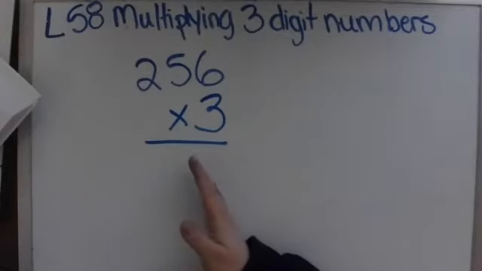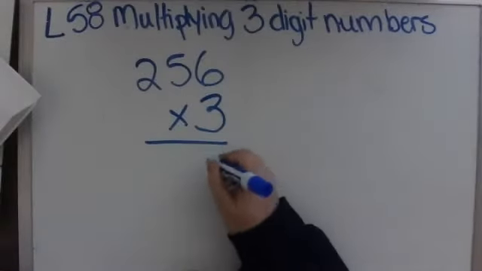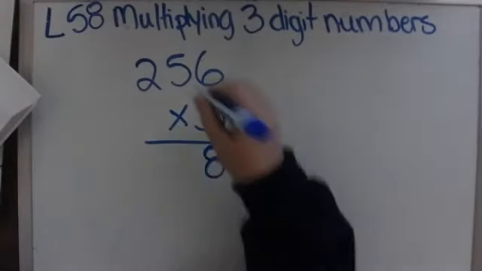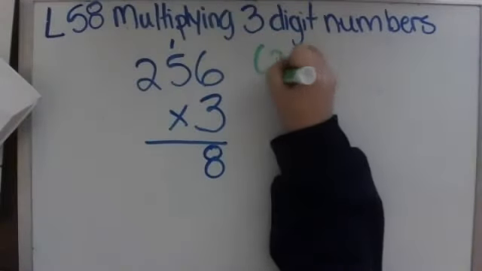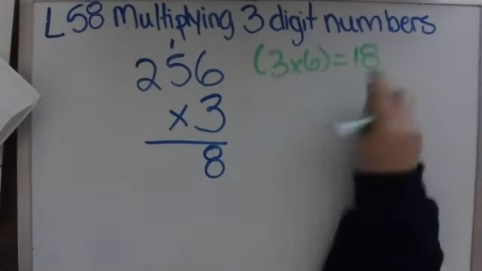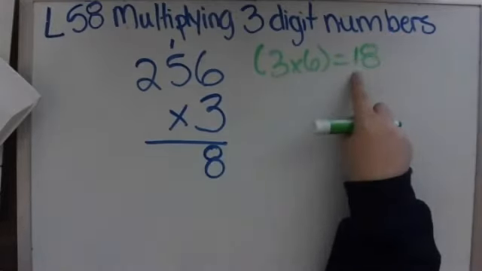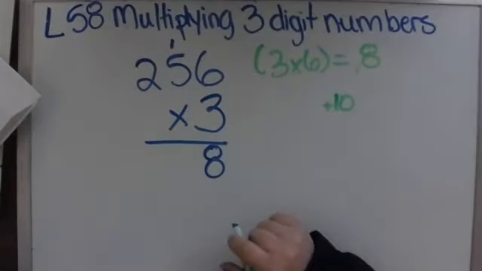This is the simplified version that you'll be using. 3 times 6 is 18. Carry the 10. What I've just done is 3 times 6 equals 18. Now, of course, I can't keep the 10 in the ones column, so I moved that into the tens column.